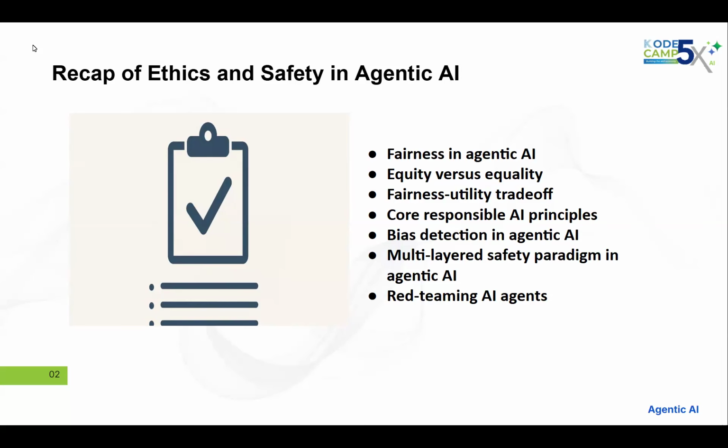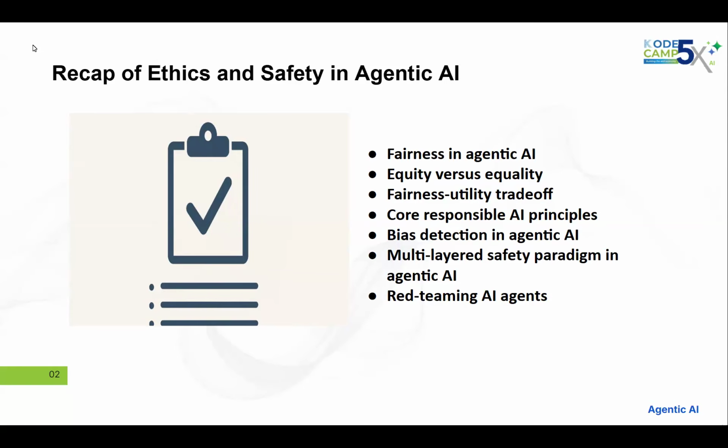When we do this, it helps us to ensure that there is fairness, equality and equity within what we are doing. We also spoke about AI safety and the layers used when building AI agents or an AI system.